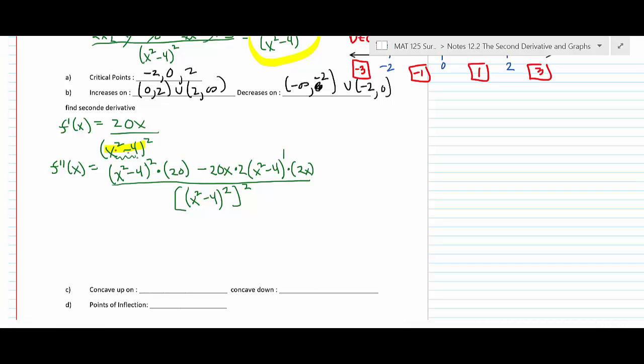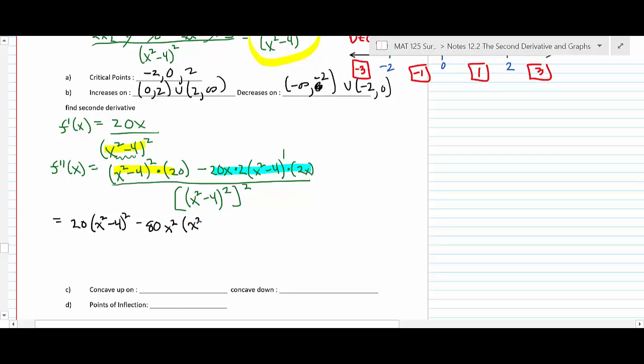Now I'm going to clean it up a little bit. I'm going to bring this first piece down and write that as 20 times x squared minus 4 to the second. The second piece, there are several things I can multiply. I've got 2 times 2 is 4, times 20 is 80. Then x times x is x to the second.